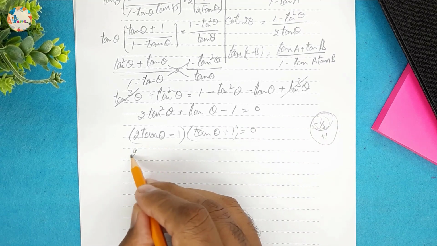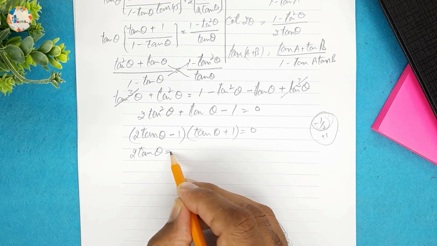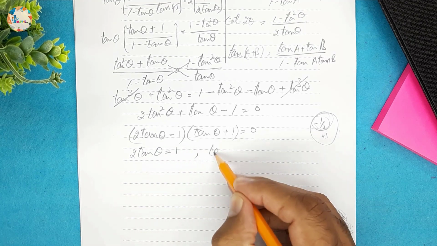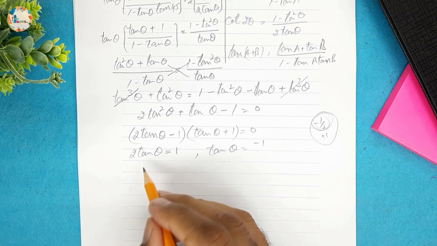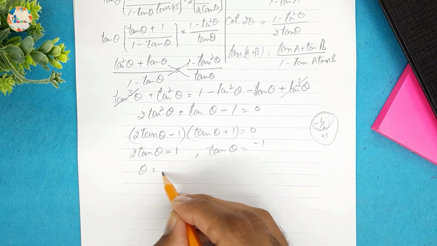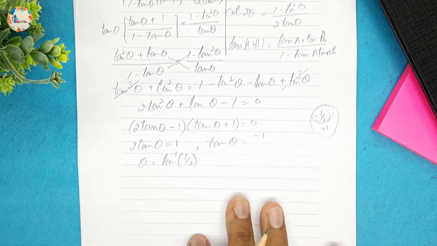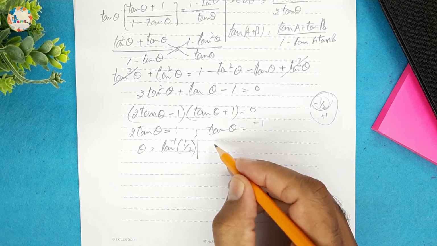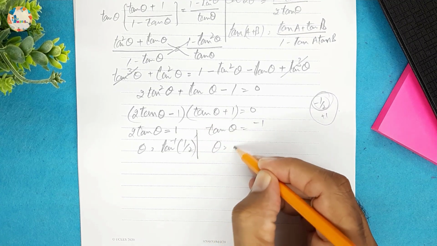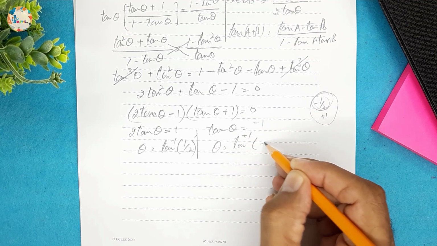Now this will be 2 tan theta is equal to 1 and tan theta is equal to minus 1. So this will be theta is equal to tan inverse of 1 by 2, and theta is equal to tan inverse of minus 1.